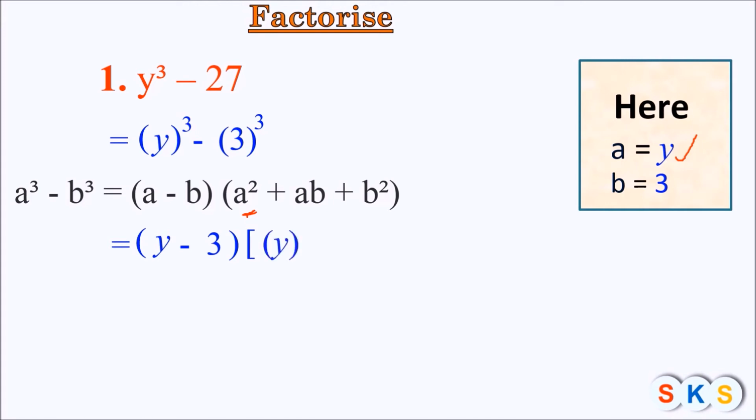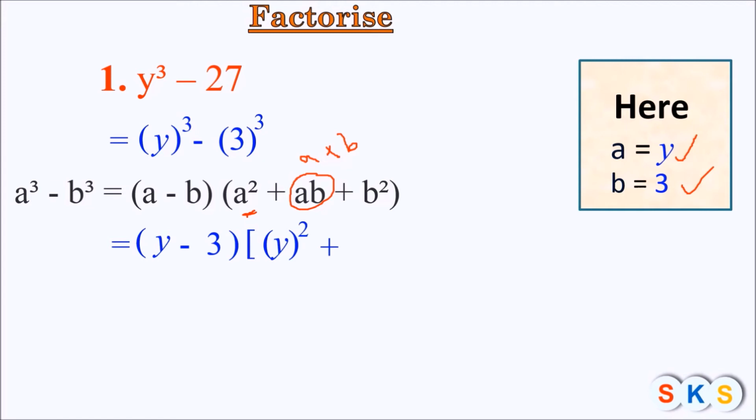So we will get here y the whole square plus, now here we have the next term is ab, right? And ab means a into b. And what is the value of a? You can see that in a rectangular box it is y, and the value of b is 3. So I'm going to replace here a by y and b by 3.